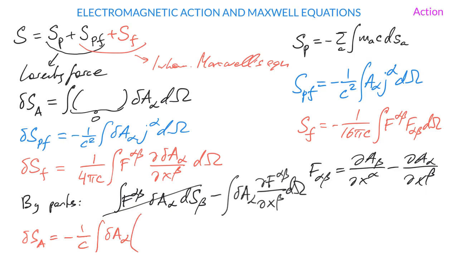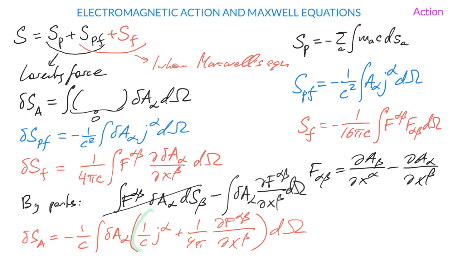So from the first term, we have 1 over C J alpha, and from the second term, plus 1 over 4 pi df alpha beta dx beta, all of that integrated by d omega.